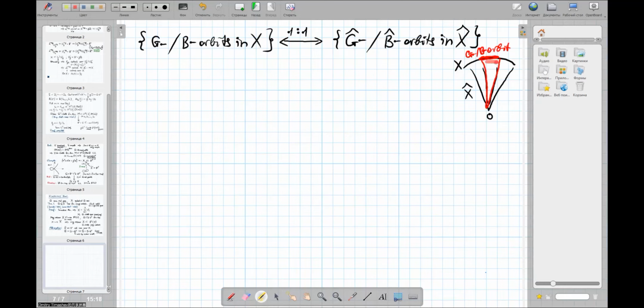So the cone will be the orbit over G hat or B hat. So this is an explanation for this bijection.